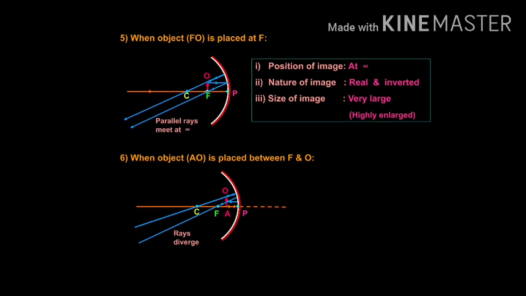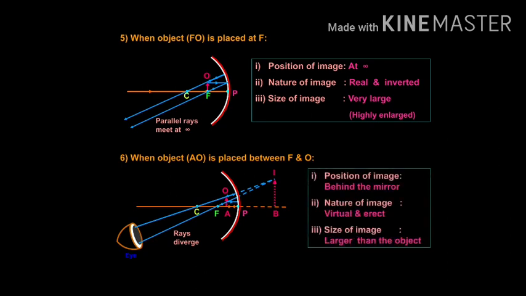So we have to extend the light rays on the back side, and since the light rays are not actually meeting, we can say that it is a virtual image, and it is magnified because the size of the image is greater than the object. And in this case only, the image is erect, it is not an inverted image, it is an erect image, and it is magnified. So these are the properties of the images.